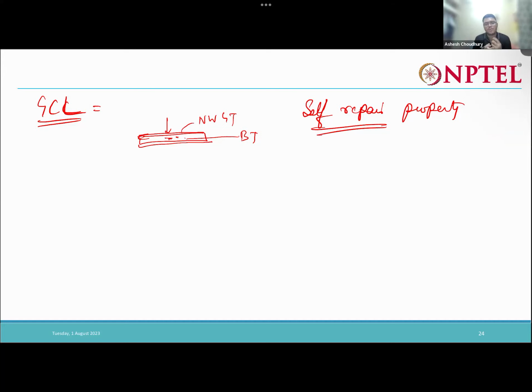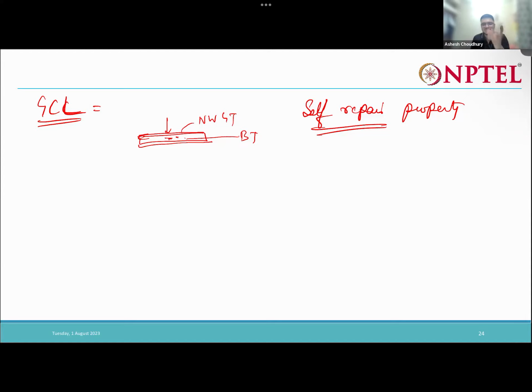The main property of bentonite is that it's highly expansive, right? As soon as it comes in contact with water, it's highly expansive because it has a huge plasticity index. It will expand.